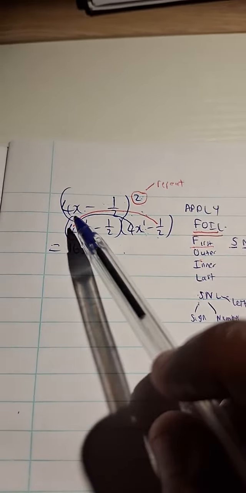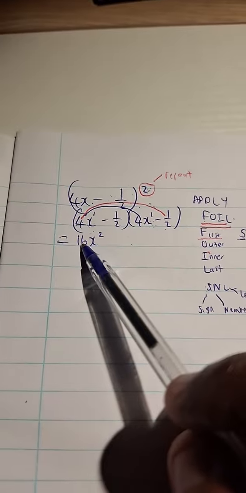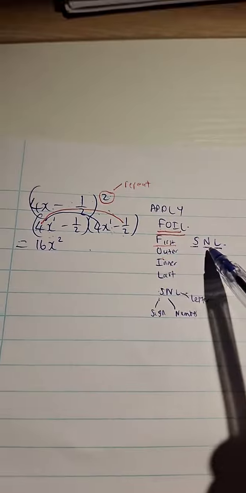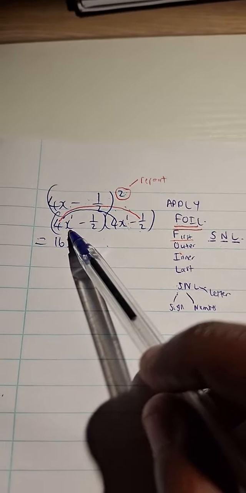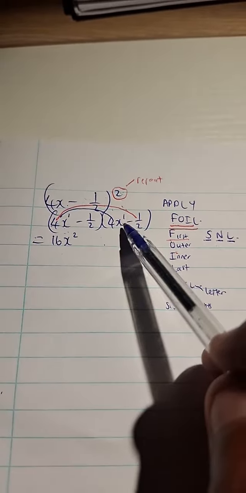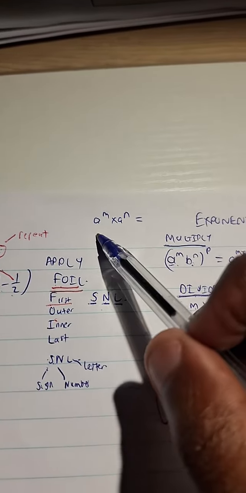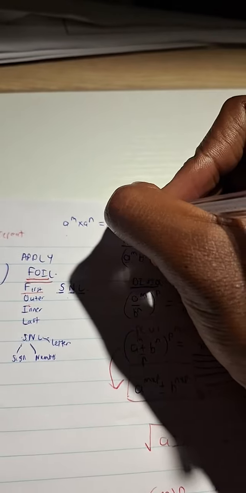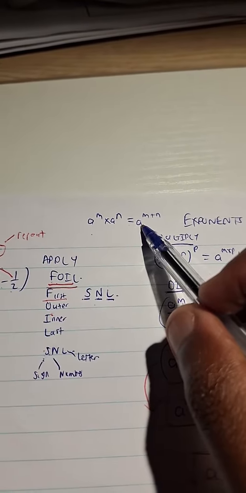So let's multiply. Positive 4 times positive 4 gives us 16. Let's sort out the sign, positive, and the number, which is 16. Then we multiply the letter. What's x times x? From your laws of exponents, any bases that are the same that you multiply together, what do you do to the exponents? You add the exponents whilst keeping the base.